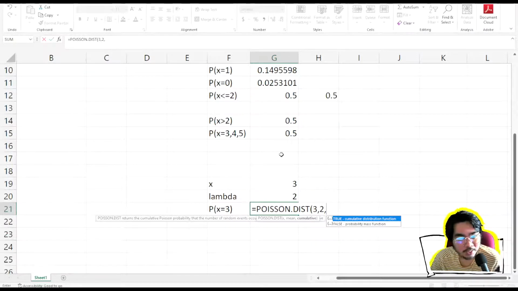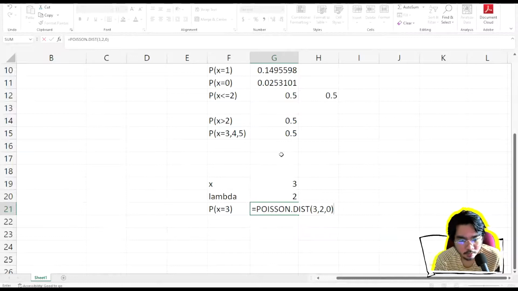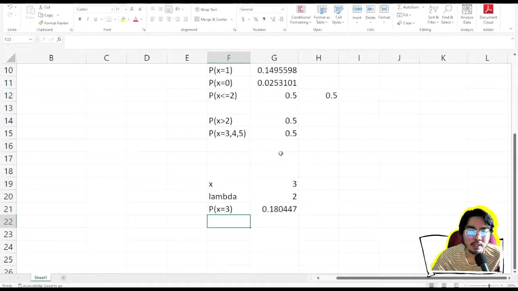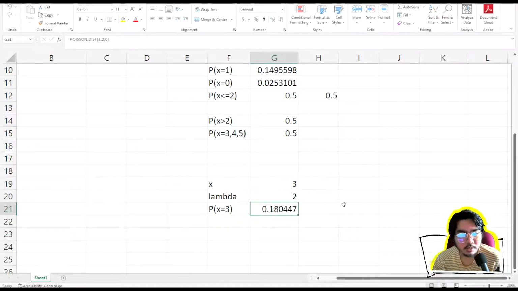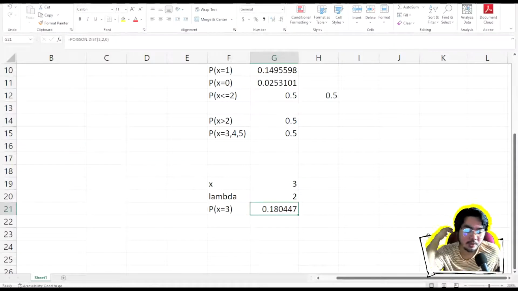No? Gagamitin natin is yung mass probability function. So we do 0 kasi false yung argument na to. Okay? So we do x is equal to 0 and gives us 0.180447 or that's 18% and it's the same value here. No? It's 18%. Okay? So that's Poisson.